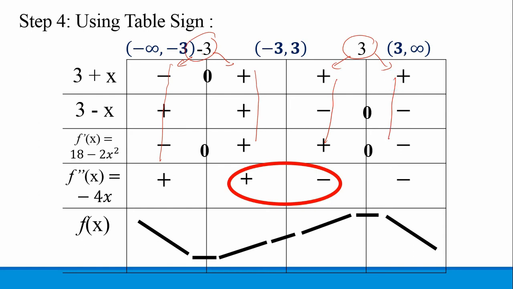The reason is that I want to make sure whether between negative 3 and 3 there is an inflection point or not. So first column at the front, second column at the back, first column at the front, and second column at the back. Clear? Okay.